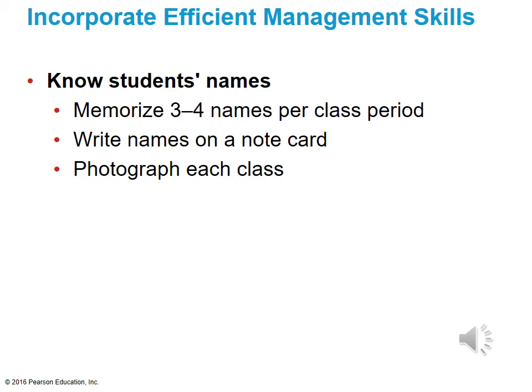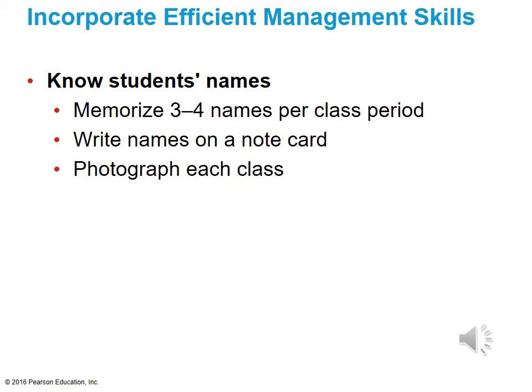How are you going to know your students' names? You don't see them on a regular basis, especially when you're just teaching 2 30-minute lessons. So they talk about how effective class management requires learning the names of the students. One approach is you could memorize 3 or 4 names per class, or per day or per period. I like the approach of asking the students their names before they perform a skill.